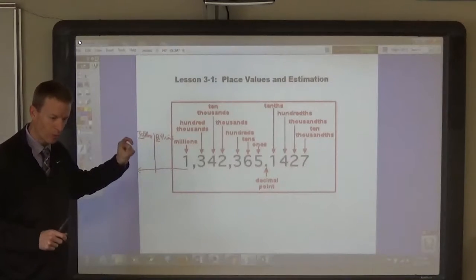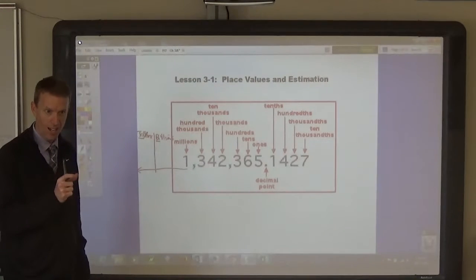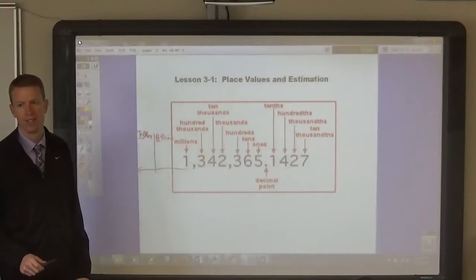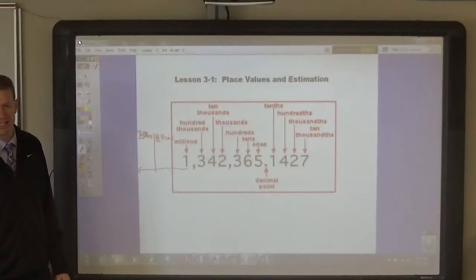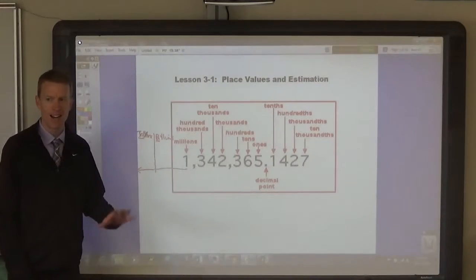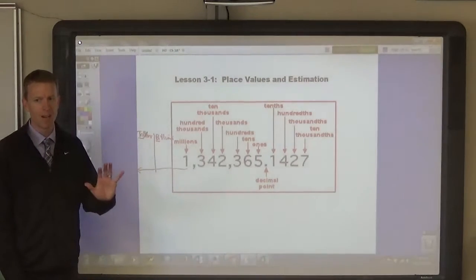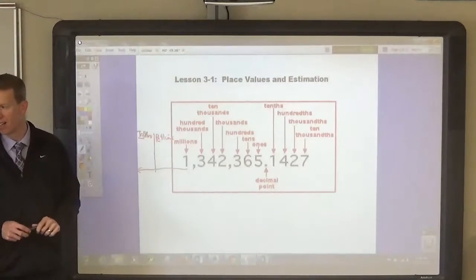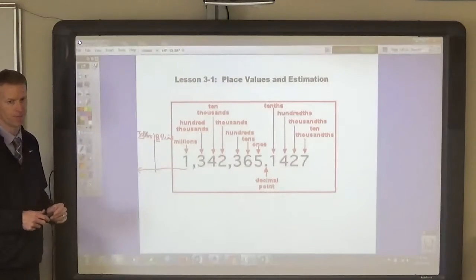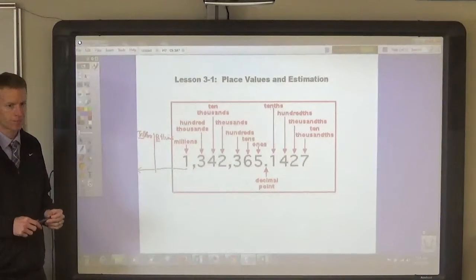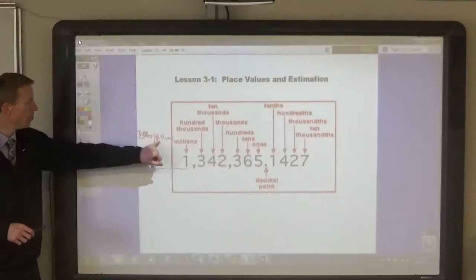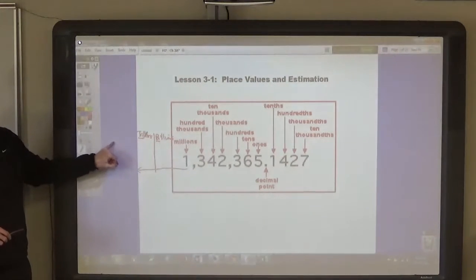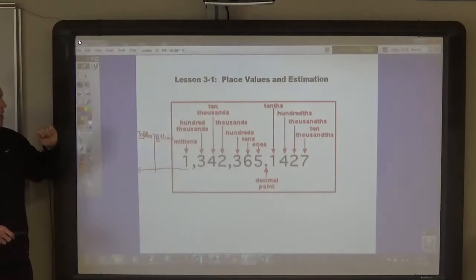Quadrillion, and then quintillion. Yep. So, million, billion, trillion, quadrillion, quintillion, and on and on and on.